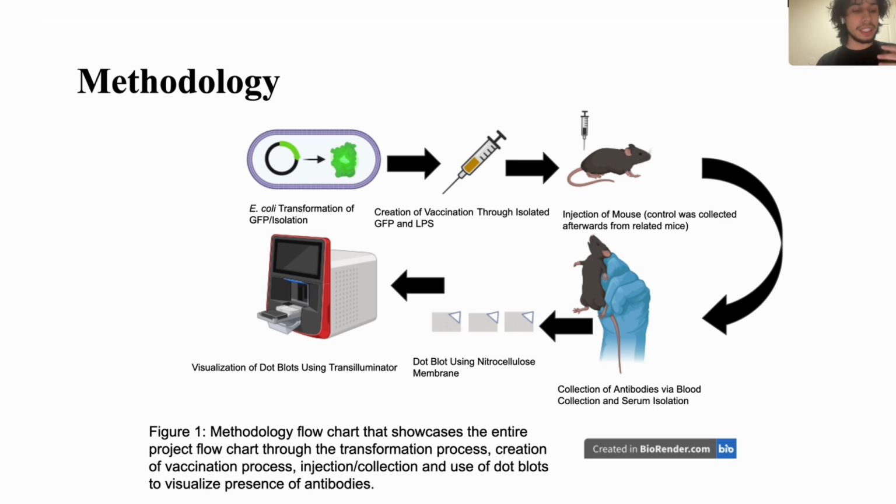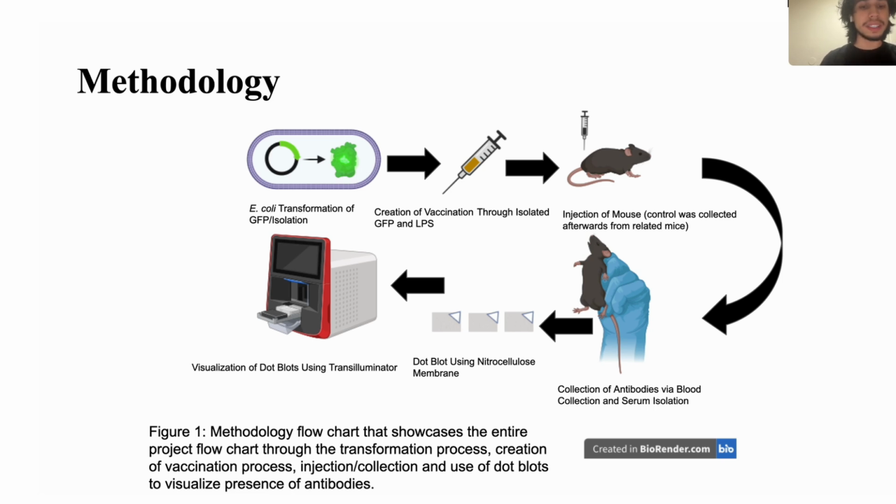So we used 1FR, so the female right, and the tag, the right, is basically just a tag that showcases which mouse we are using, and this is just a hole on the right side of the mouse's ear.